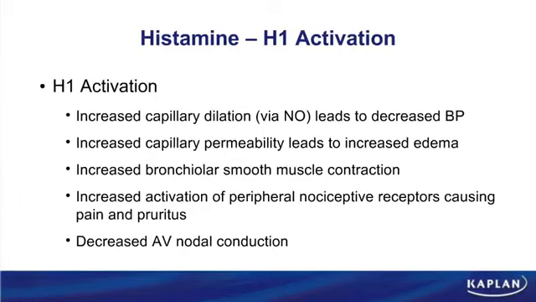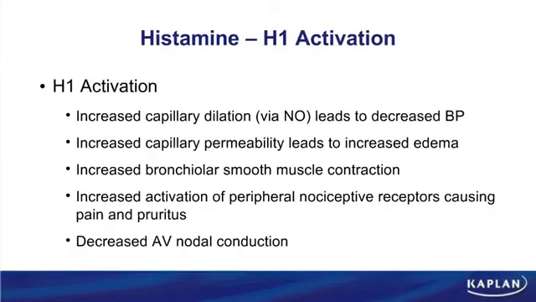You might remember that back in the cardiovascular section, we looked at a diagram in the chapter on angina drugs, where we looked at activation of histamine receptors being directly coupled to nitric oxide synthase. Nitric oxide synthase, the enzyme that converts arginine to citrulline and releases nitric oxide, causes vasodilation. This leads to increased capillary permeability and edema.